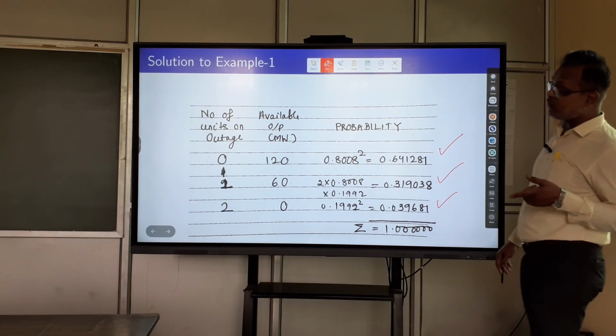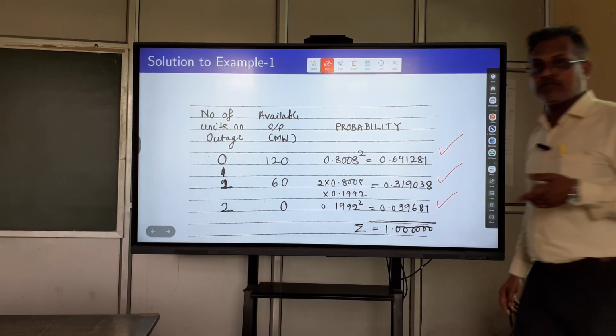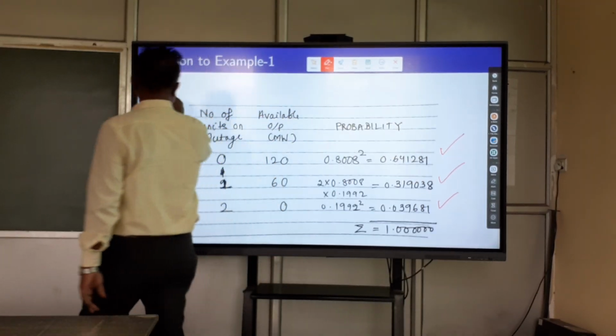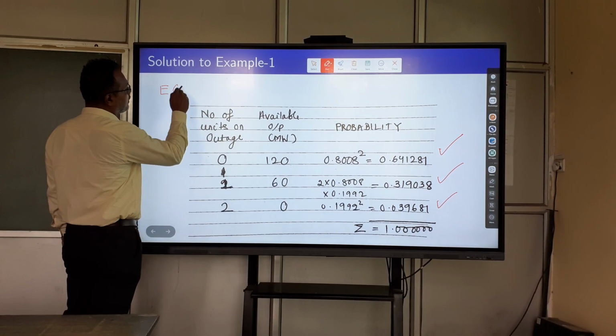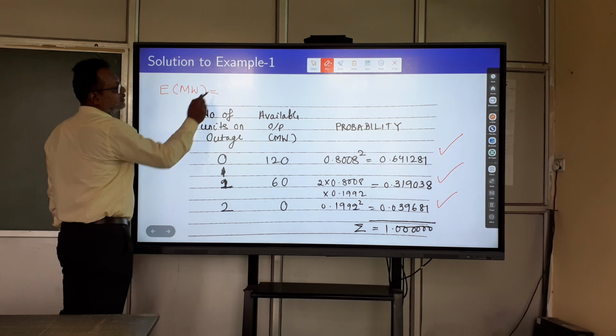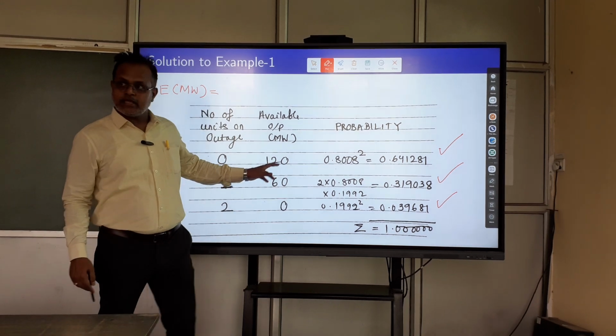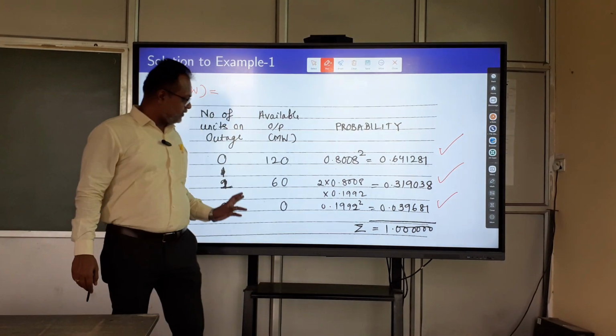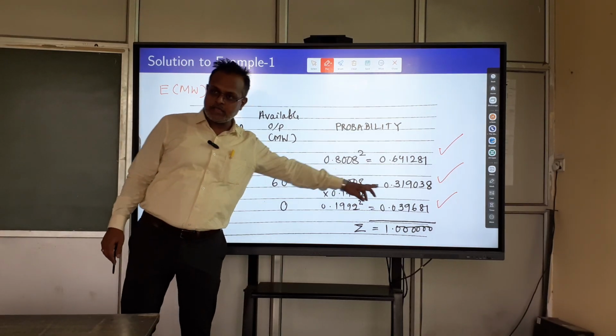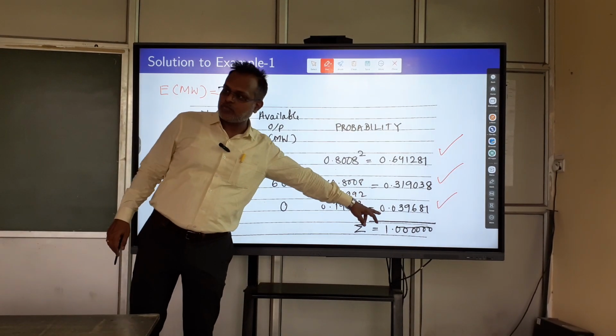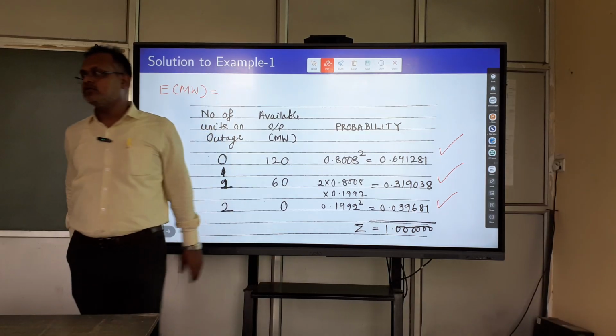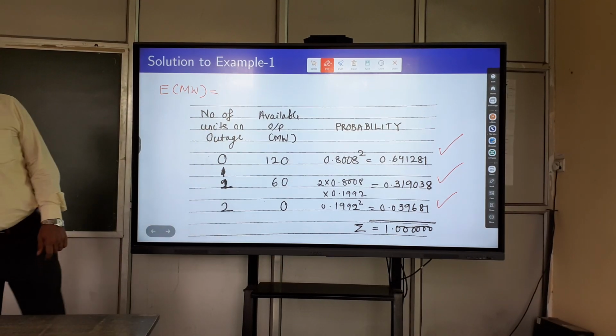But the question is, what is the total available capacity? So the expected capacity, expected megawatt, is equal to 120 into probability plus 60 into probability plus 0 into this probability. What is that? Compute. What is the expected output in megawatt?